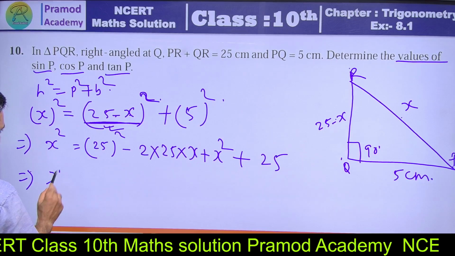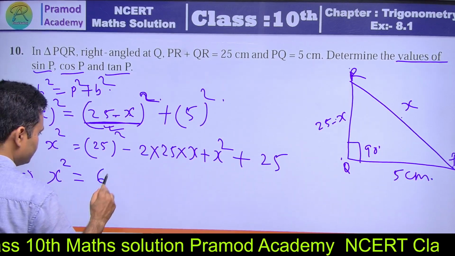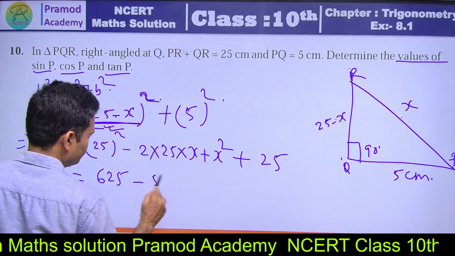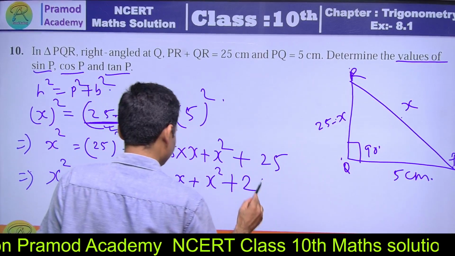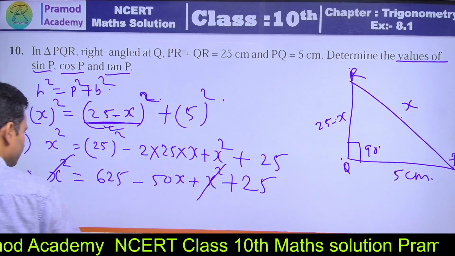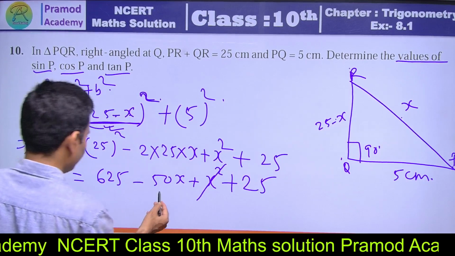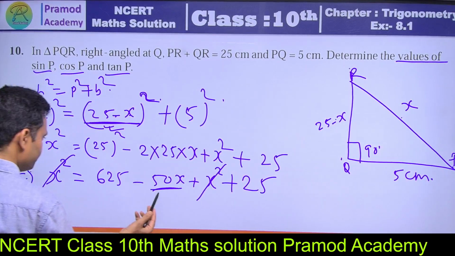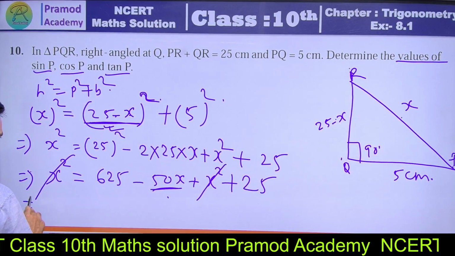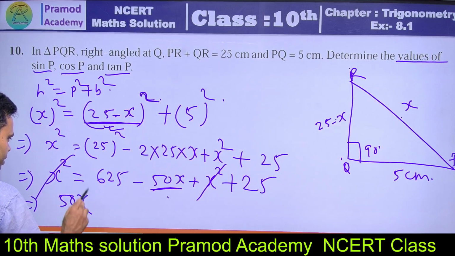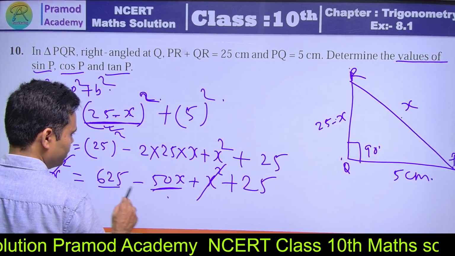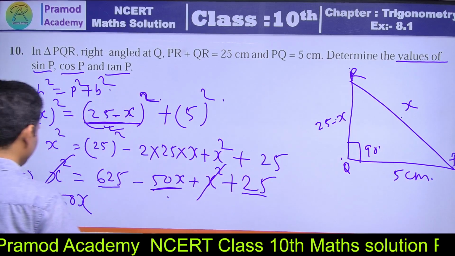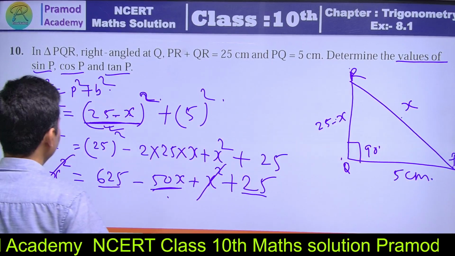So X square equals 625 minus 50X plus X square plus 25. So X square will cancel on both sides. The 50X we will take to the left side with a plus sign.